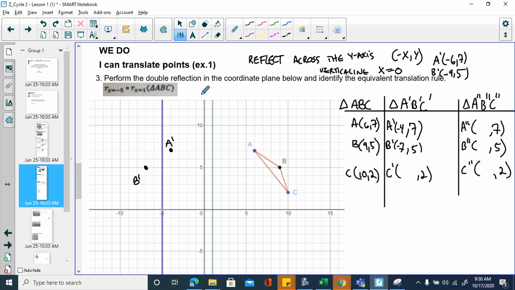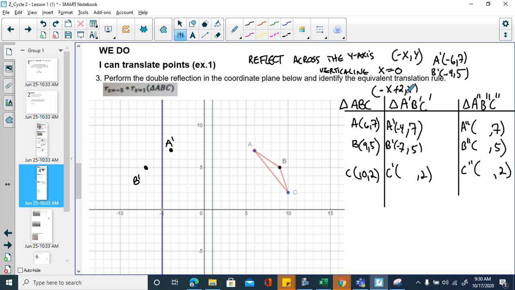The pattern seems to be, if we had to write this as a rule, we would take x and multiply it by -1, but then add 2 to it, and our y is staying the same.